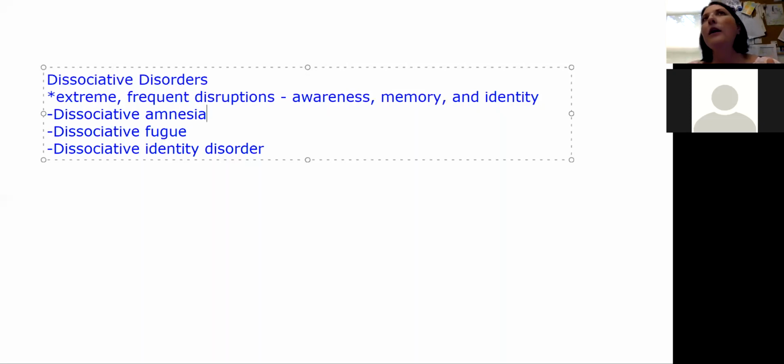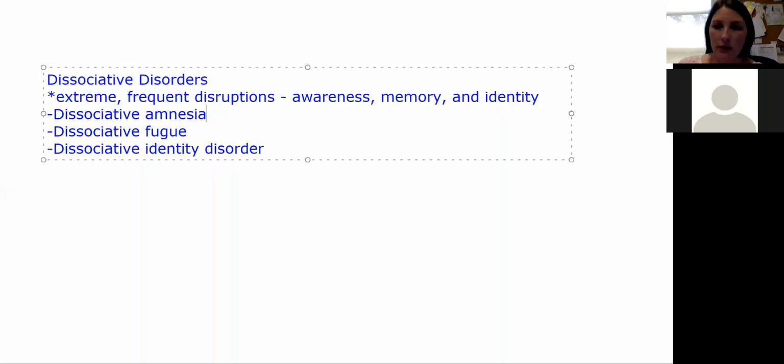It's not like traditional amnesia from a head injury, or even some medications. You're not getting smacked on the head. You wake up, you have no idea who you are, and there's no medical explanation for it. This is a very rare condition. There's some explanation that it might be related to trauma, but we don't have a lot of research on this.